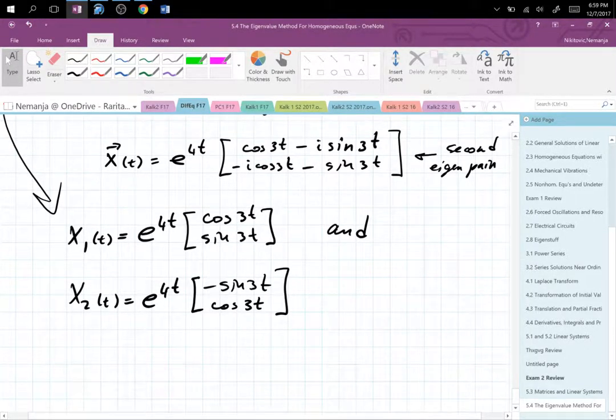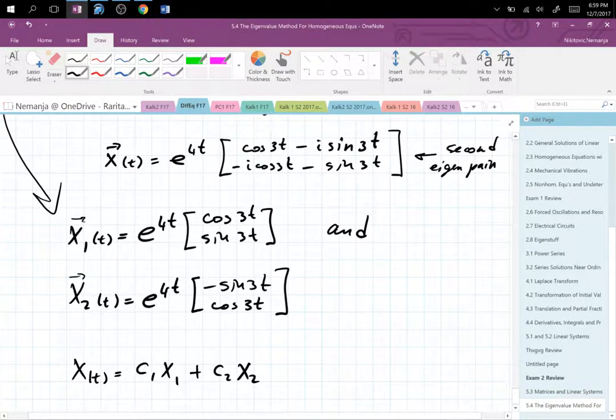So we have the two solutions, and once we have them, we just put them together with the constants c1 and c2. So x of t, which is the solution for everything, is c1 x1 plus c2 x2, right? And these are also vectors because of the column vectors on the other side.